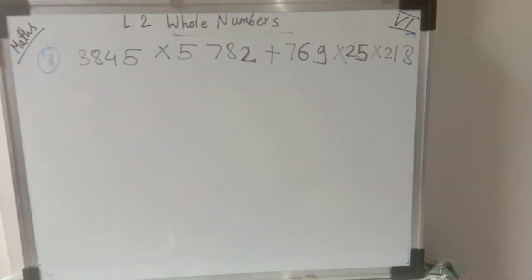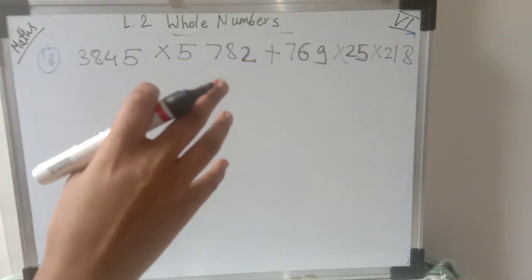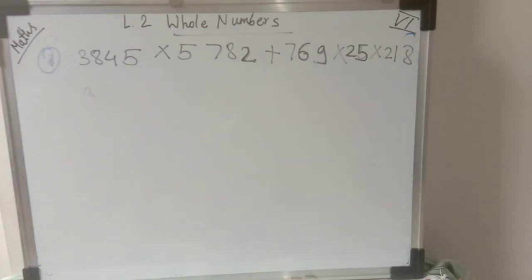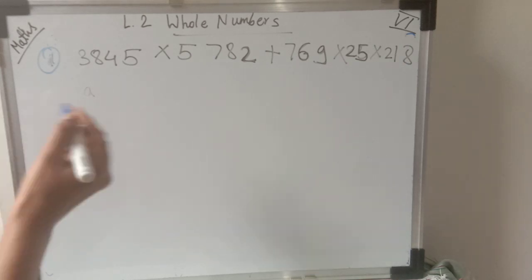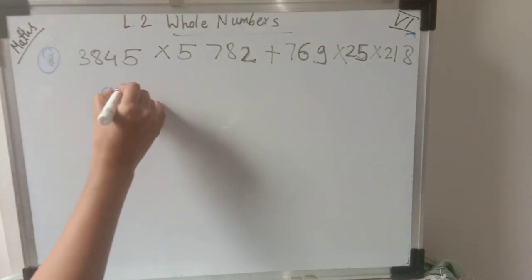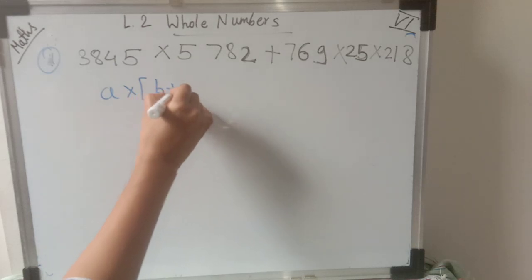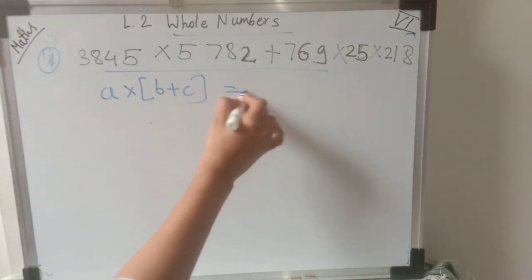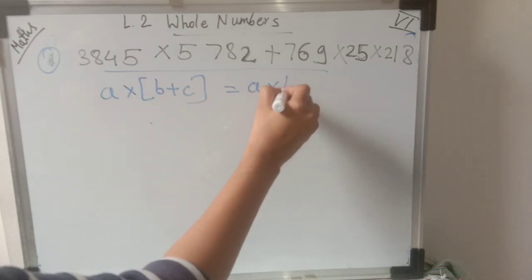Now students, here we have to use the distributivity property, but a slight difference is there, because this question has been asked in a different way. The formation of that equation is the same. So A multiplied by, in bracket, B plus C. In this format we have to convert, and this example is in this form.